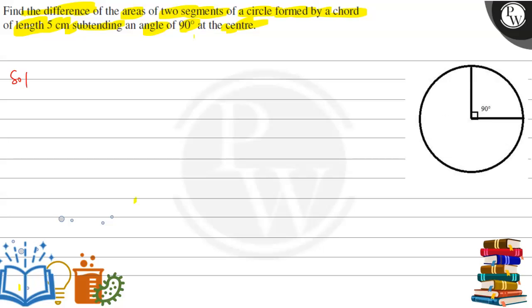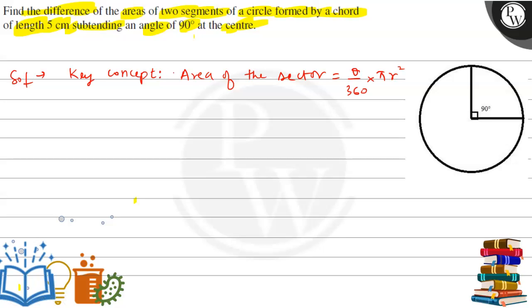Okay, so let me tell you first the key concept for this question. The key concept is basically the area of the sector. The area of the sector is given by theta by 360 into pi r square, where r is the radius of the circle, right?